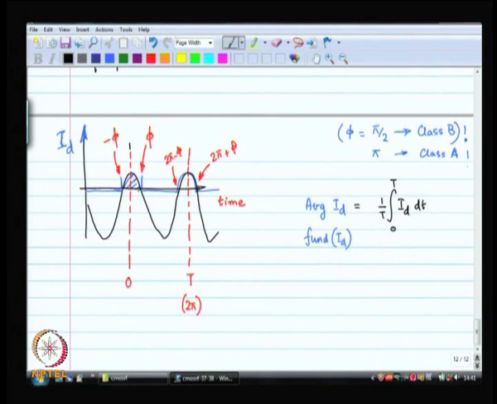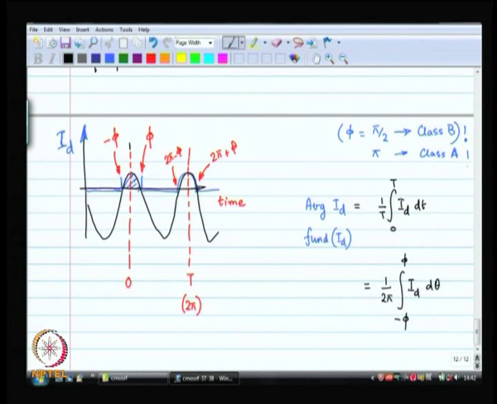Now, this integral is the same as 1 by 2 pi integral from minus phi to plus phi of I d d theta. It is the same. Pictorially you can see that it is exactly the same. All right.